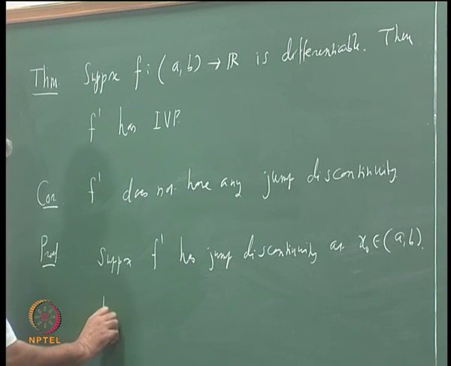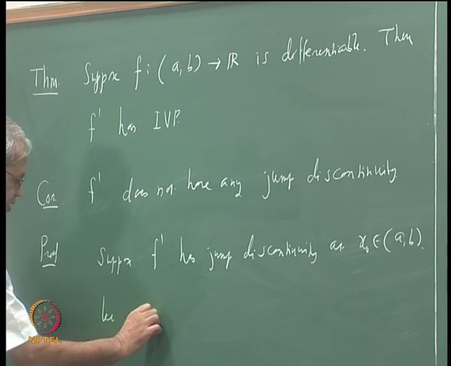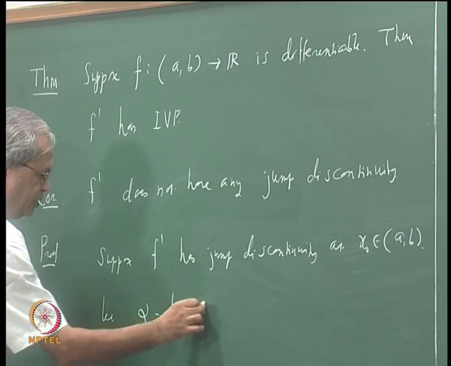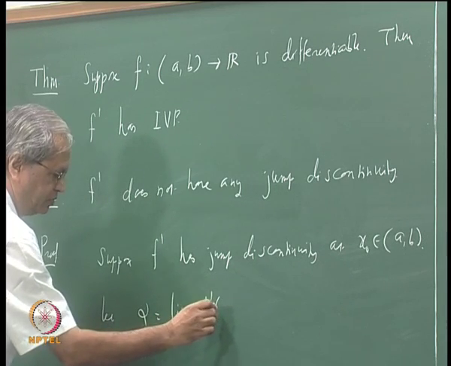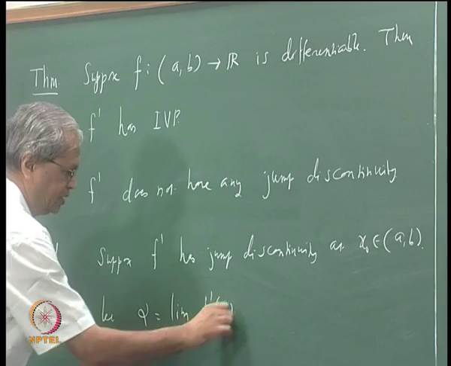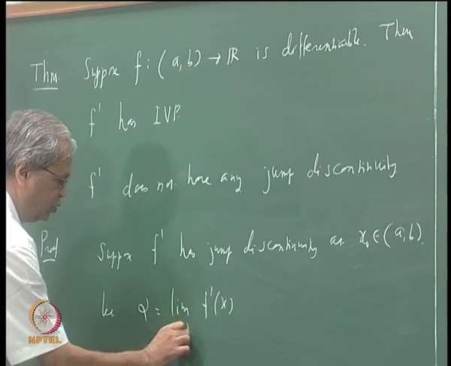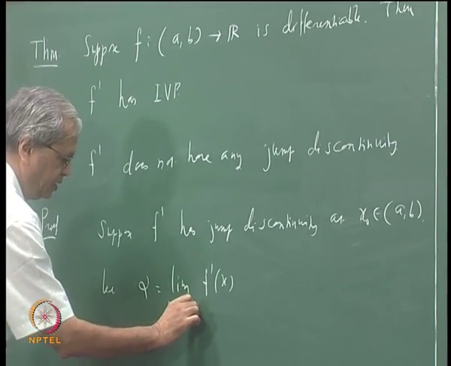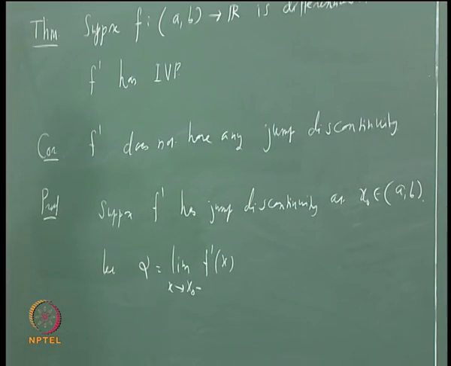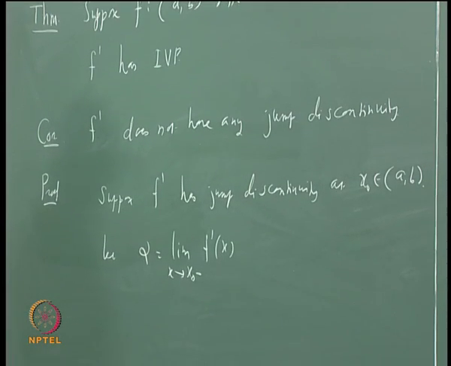So let us say that I call this left hand limit alpha, let alpha be equal to limit of f prime x as x goes to x naught from negative side, from left side, so x goes to x naught minus. Okay.